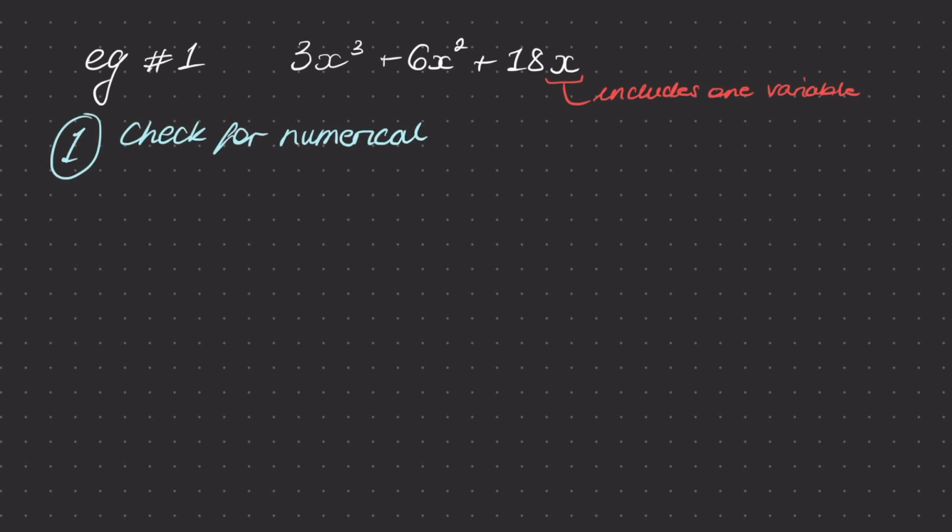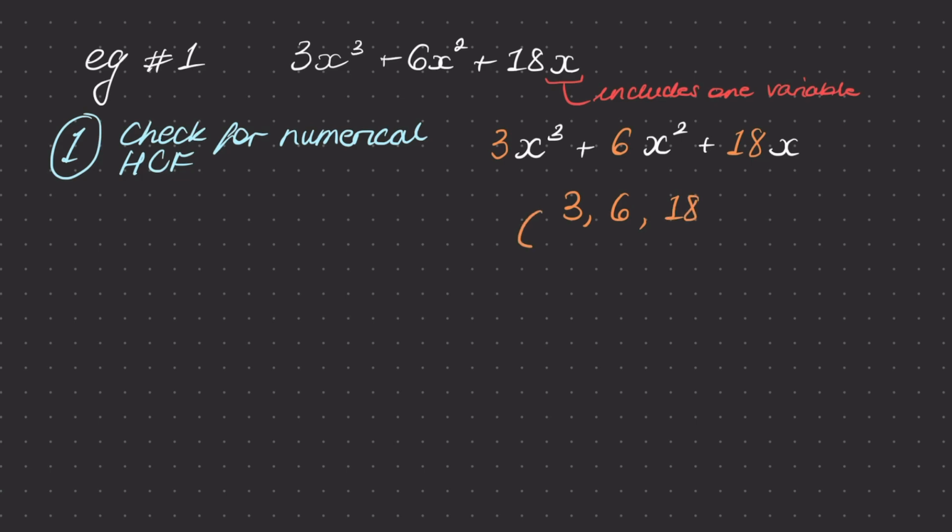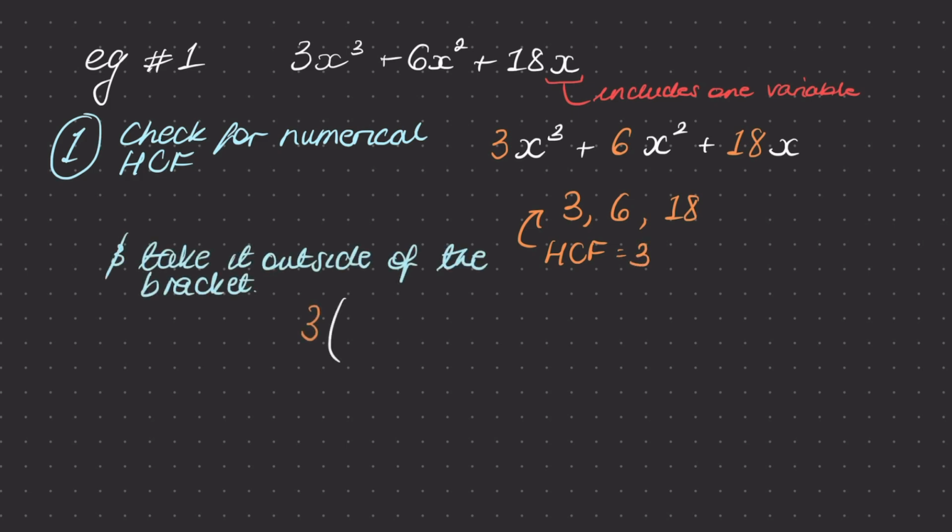The first step with this expression is checking for a numerical highest common factor. To do this, we look at the coefficients, the numbers in front of the x's. In this case, it is 3, 6, and 18. The highest common factor between these three numbers is 3. That means we can take this number and place it outside of the brackets, and write what is left inside the brackets.